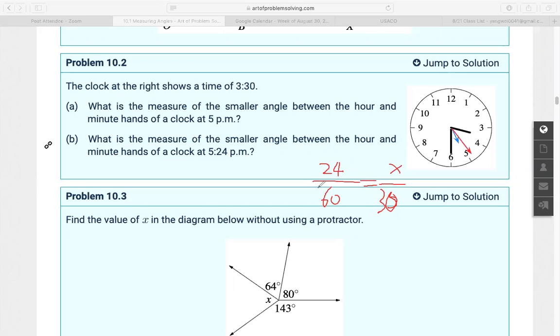Each 5 minutes, the hour hand moves 2 degrees. Each one is 6 degrees, because from 24 to 25 on the minute hand, that's 6 degrees.